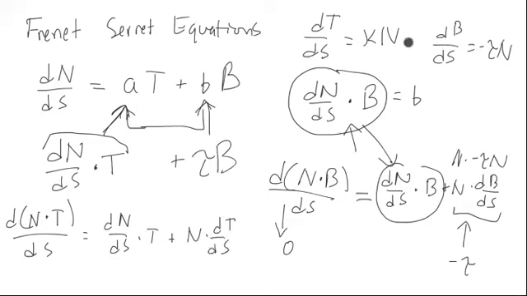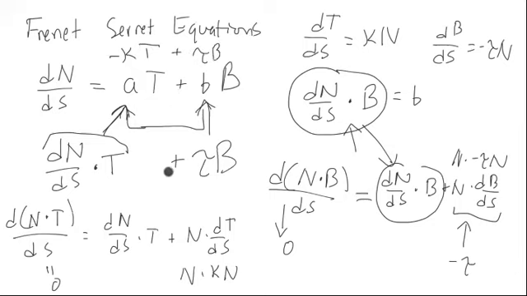Again, using this other equation here, we get kappa N for this part, dotted with N. Notice that this N dot N again is just 1, so we get kappa. But this is equal to 0 because N and T are orthogonal to each other. So that positive kappa goes on the other side and becomes negative kappa, which means this thing really is negative kappa. So we get negative kappa T plus tau B.